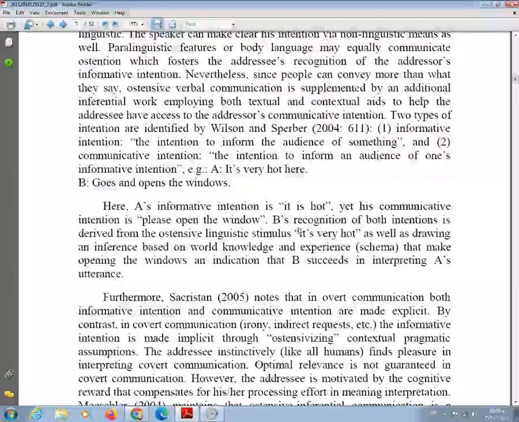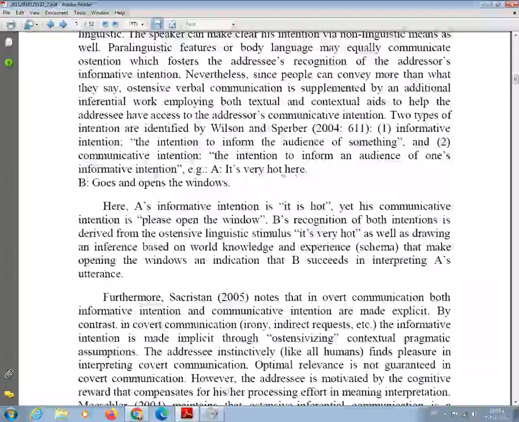So it's not primarily a piece of information A is giving to B that it's too hot or so hot. No, it's just an indirect request. Instead of saying please open the window, just say it's very hot here. So what's the ostensive form here? It is the utterance itself, and the utterance includes ostensive, strong and clear messages.